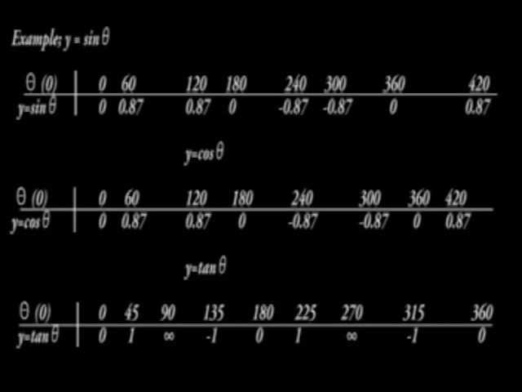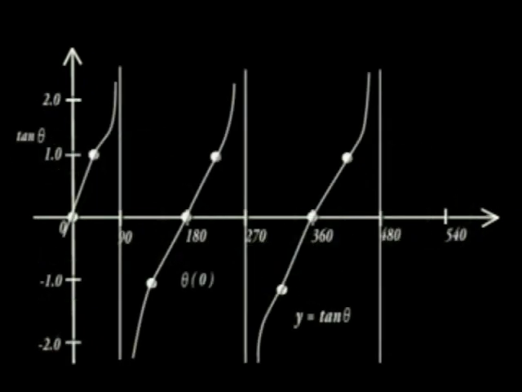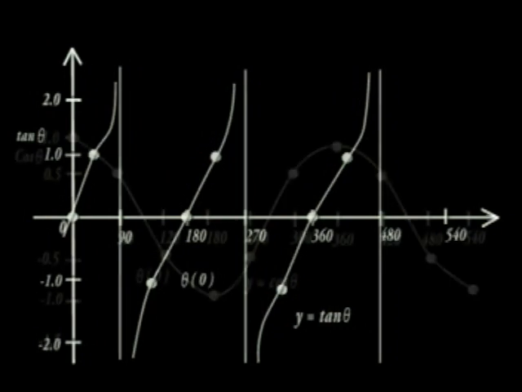If we plot corresponding values and join the points to make a smooth curve, we shall obtain the graph shown below. The same principle is applied for y is equal to tan theta and y is equal to cos theta.